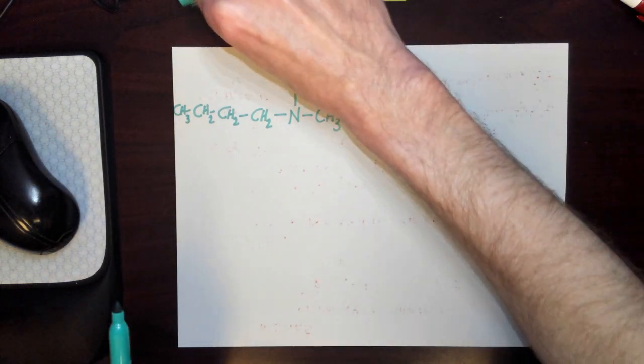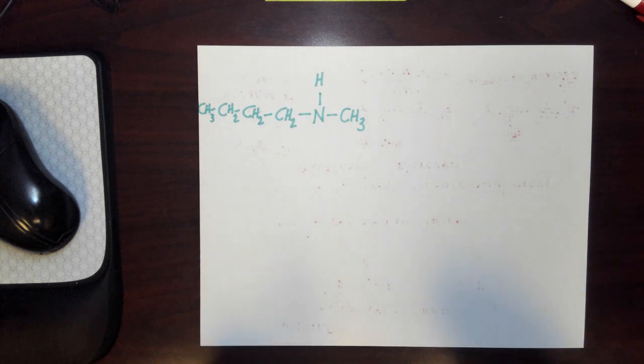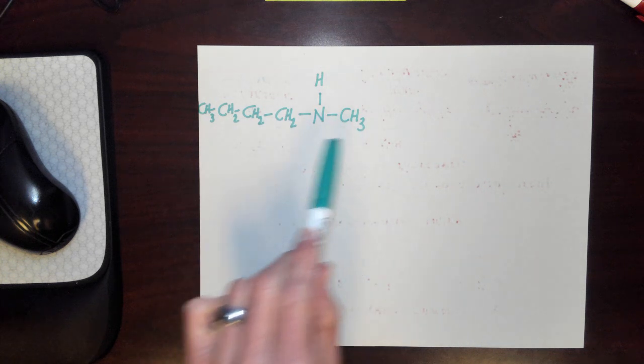Okay, so here on the nitrogen, we have 2 alkyl groups attached.